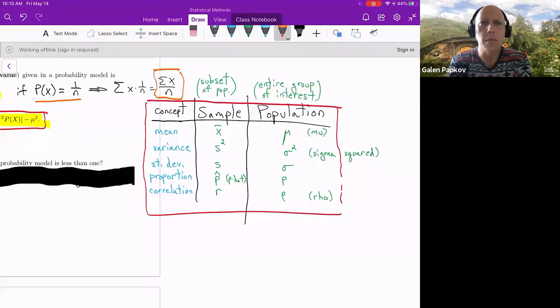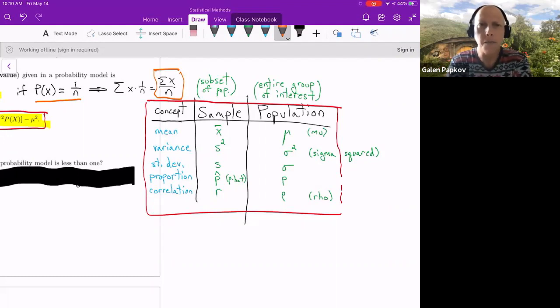And so you may be interested in something about students at the university that you are attending. And there may be 15,000 of them, but you may only look at 100 of them. That 100 students is your sample, and the 15,000 that you chose them from would be your population.